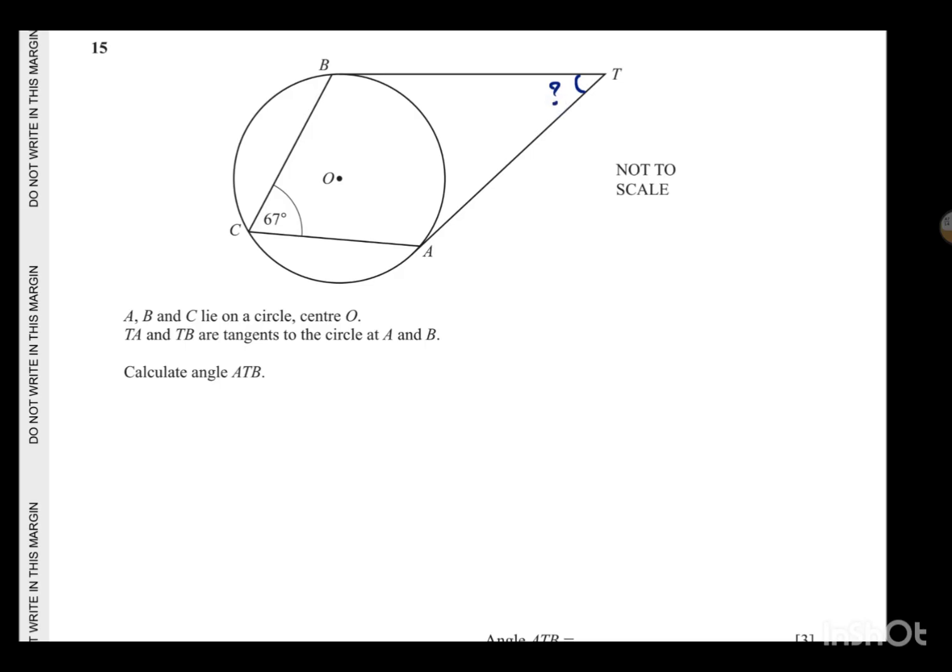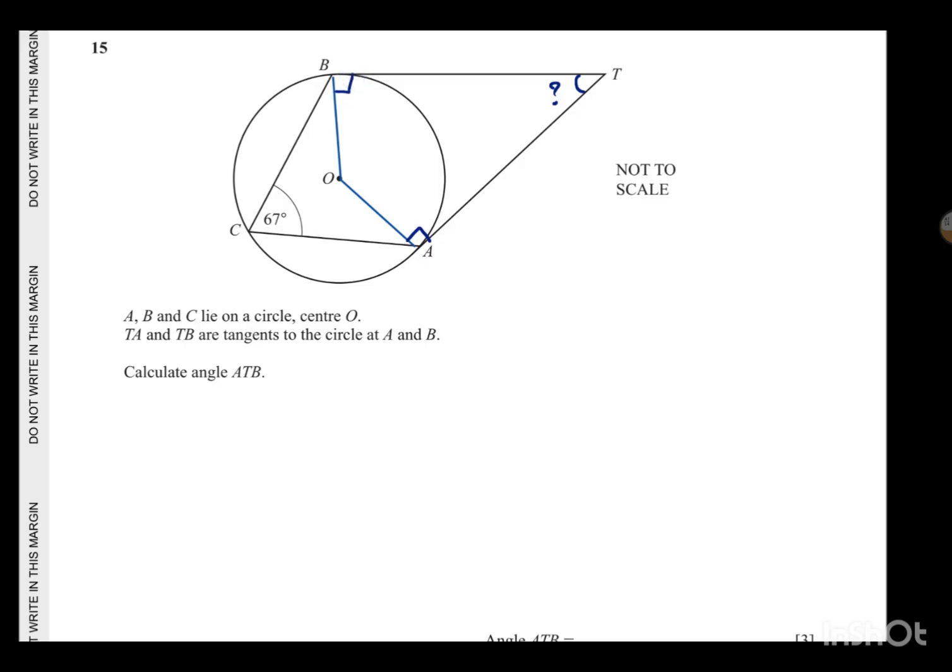So to find this angle, let us first draw the lines from the center to the point where the tangent is drawn. Now when you draw these two lines, you see that these two angles are 90 degrees, because the angle made by the tangent and the radius is always 90 degrees.